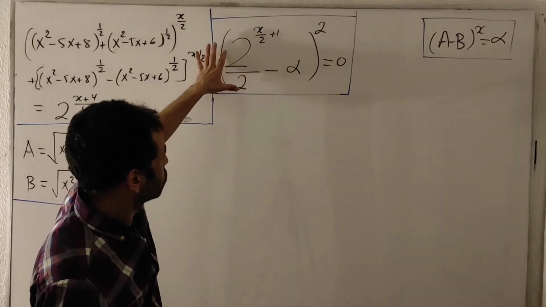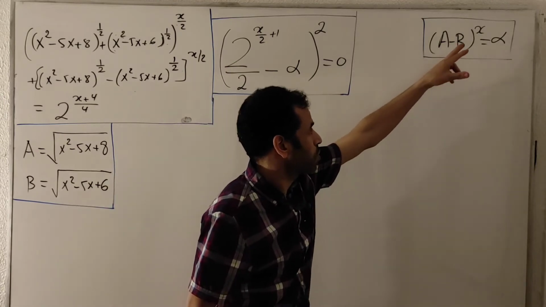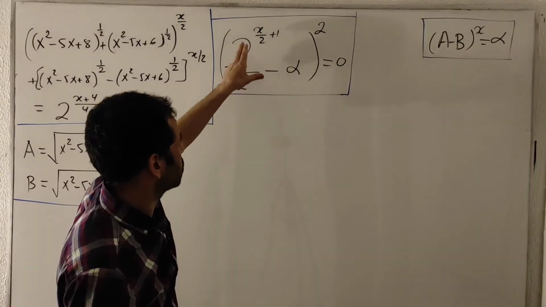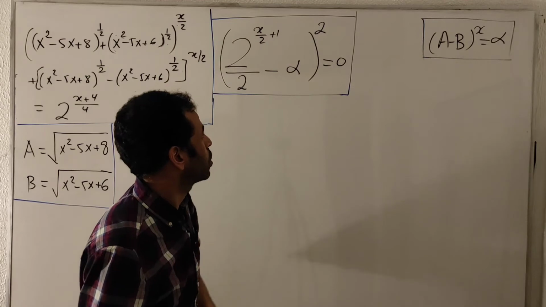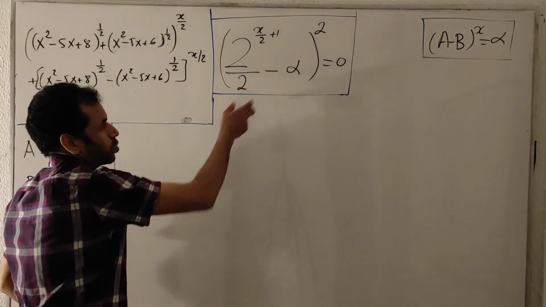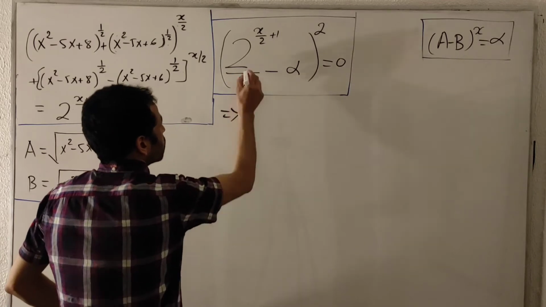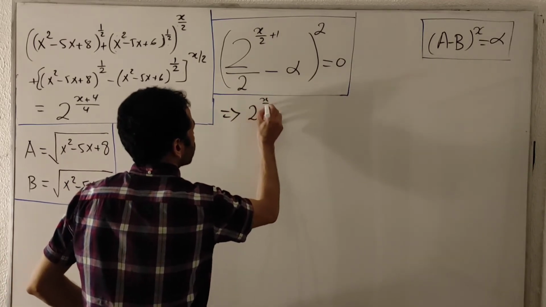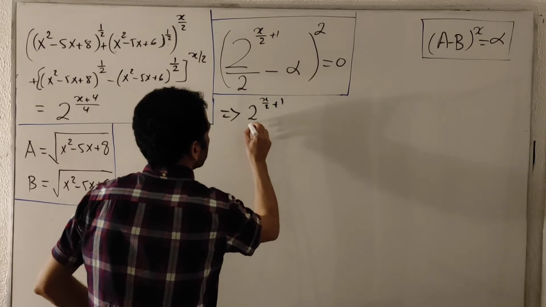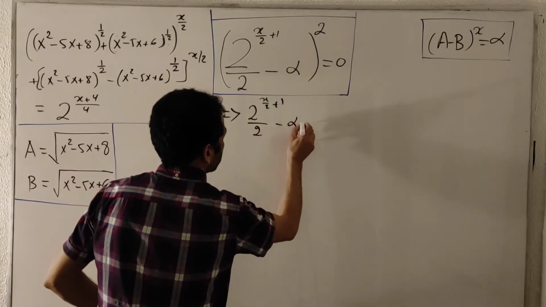Previously we were working on this equation and came up with this result. So I have two facts. I have a minus b to the x equals alpha. I have this expression, quantity squared, equals 0. Now I'm simply going to solve this equation. So this implies 2 to the x over 2 plus 1 over 2 minus alpha equals 0.